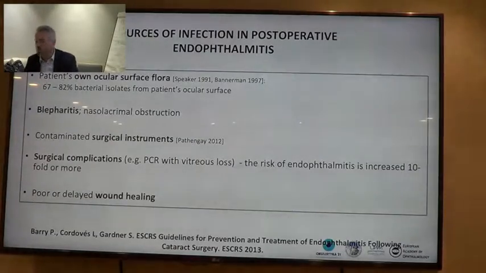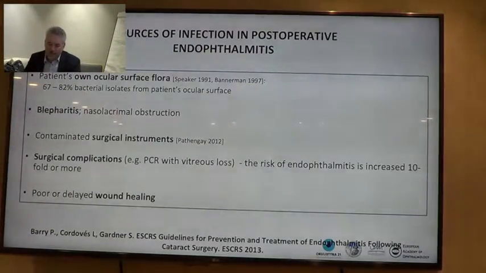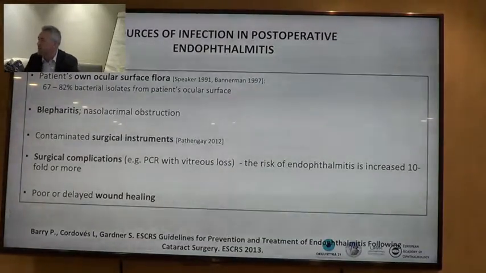So we should be very cautious about any source of infection, blepharitis, nasolacrimal obstruction, and so on. Then another source may be contaminated surgical instruments and surgical complications, a very important risk factor for endophthalmitis. As we all know, posterior capsule rupture with vitreous loss increases the risk of endophthalmitis at least 10 times or even higher.